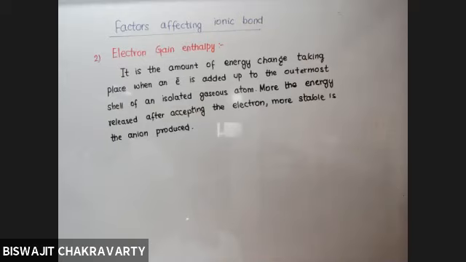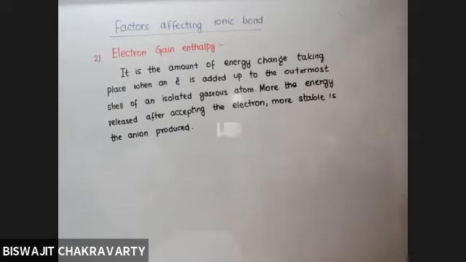Stable cation is produced if ionization energy required is less. Stable anion is produced when energy released during the formation of anion is more. So whenever you are accepting something, it should be accepted in smaller amount, and whenever you are losing something, it should be lost in larger amount, so that the system is left with lesser amount of energy. Then only the system can be called more stable.